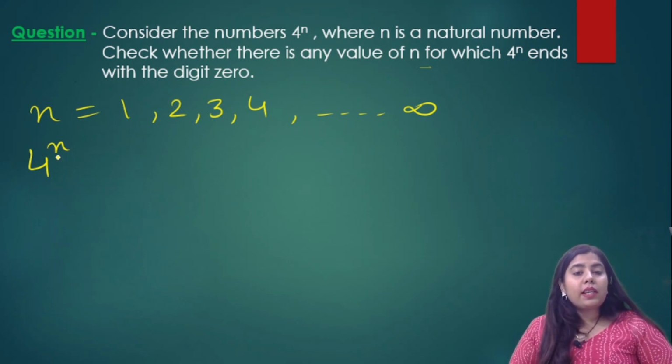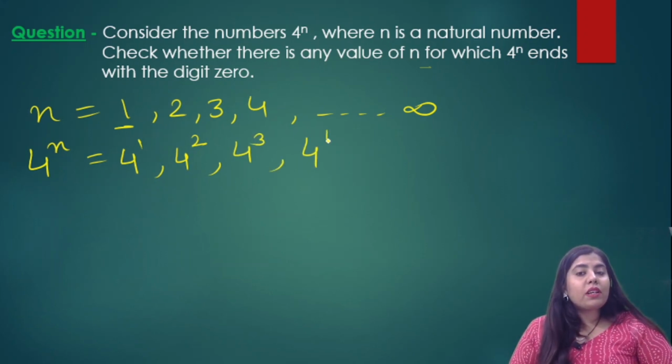We can take any value of n and hence we will get the value of 4 raised to the power n. For n equal to 1, it is 4 raised to the power 1. For n equal to 2, it is 4 raised to the power 2. For n equal to 3, it is 4 raised to the power 3. For n equal to 4, it is 4 raised to the power 4, and so on.